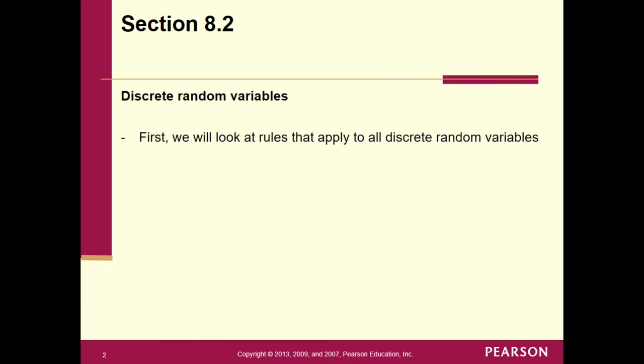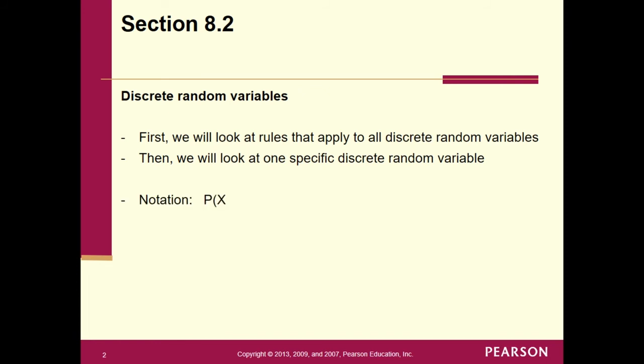We're going to go over the rules that apply to all discrete random variables. In other future sections, not these slides here, we are going to look at specific discrete random variables, but today, we're going to look at the rules that apply to all discrete random variables.